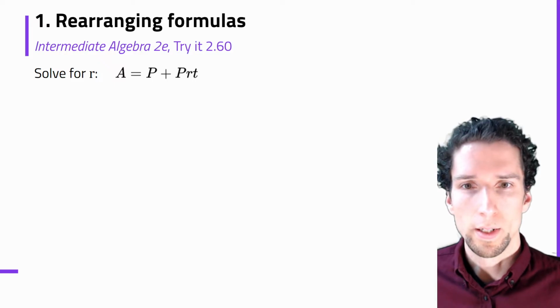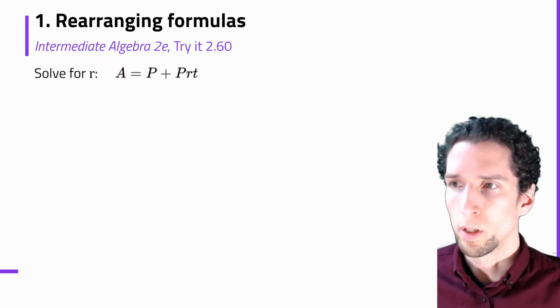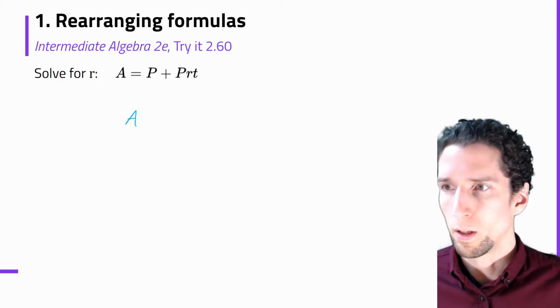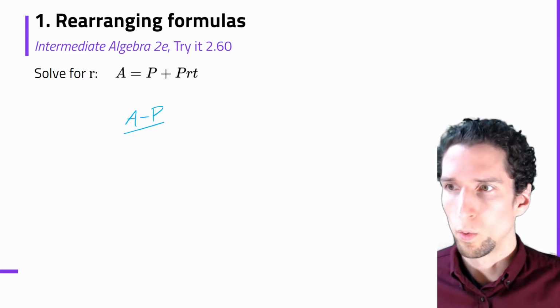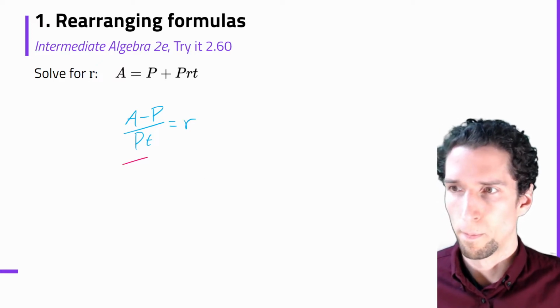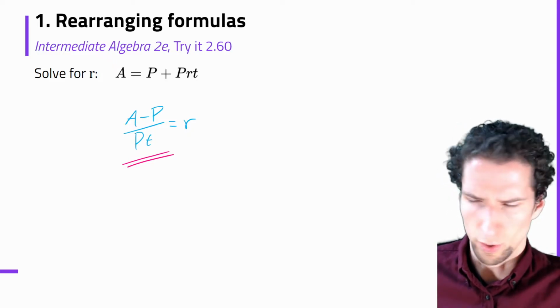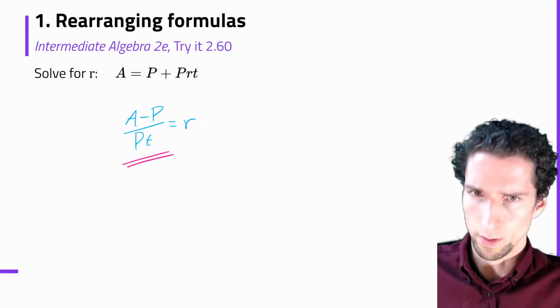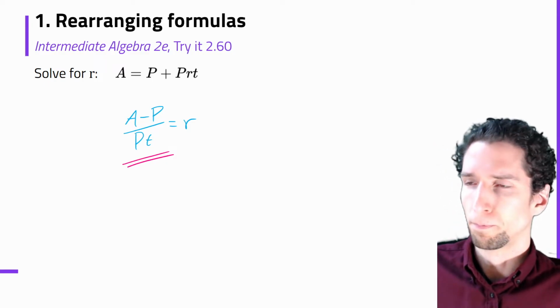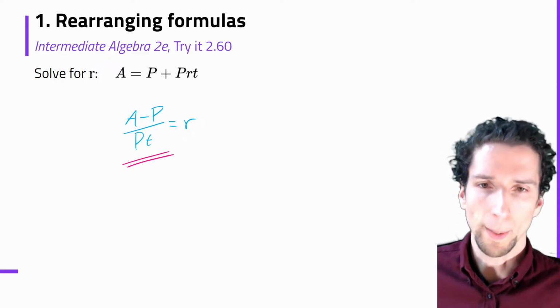All right, our solution to this one is almost the same as what we had in the last one. A minus p over pt equals r, like this. The t and the r switch places compared to the previous solution. Okay, that's that one.